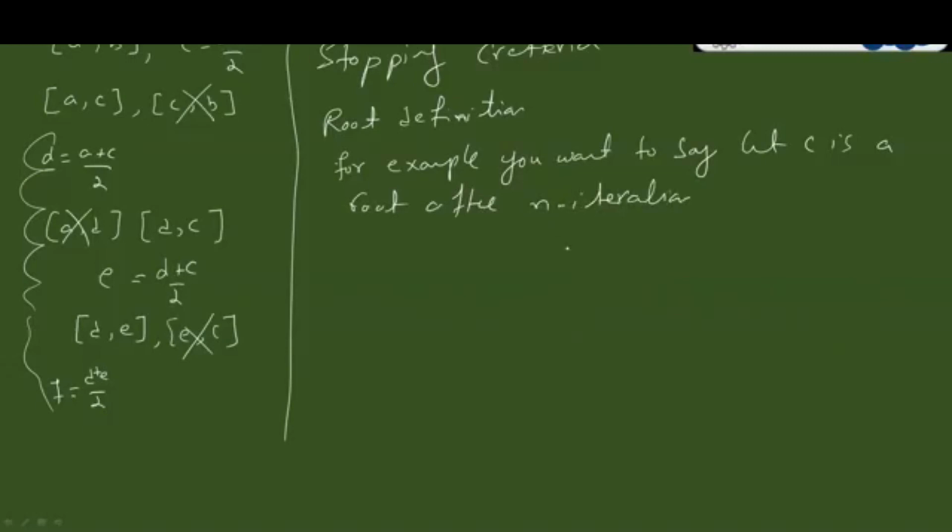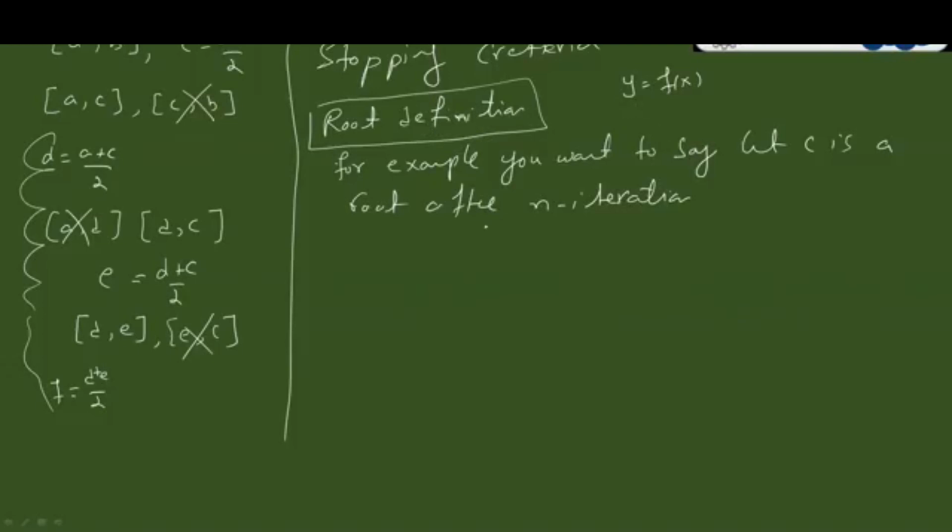Let's say after performing 5 iterations you want to claim that this is a desirable root, so there must be a definition. I am defining it based on the root of the function. If this is the root you want to claim of the function y equal to f of x, this nonlinear function, you try to find the root by using the bisection method, and you know that you have to perform iterations, but you have to stop somewhere. So you are defining a criteria based on the definition of the root.